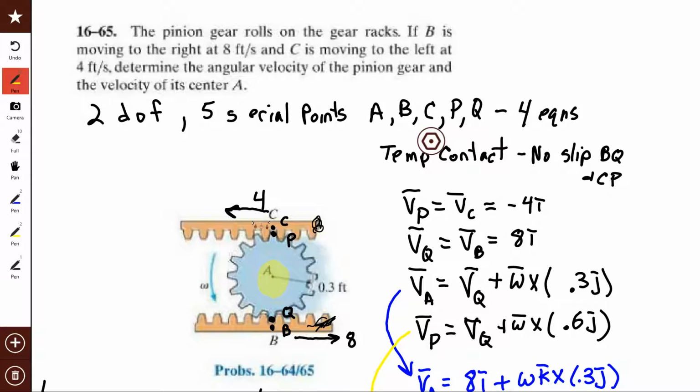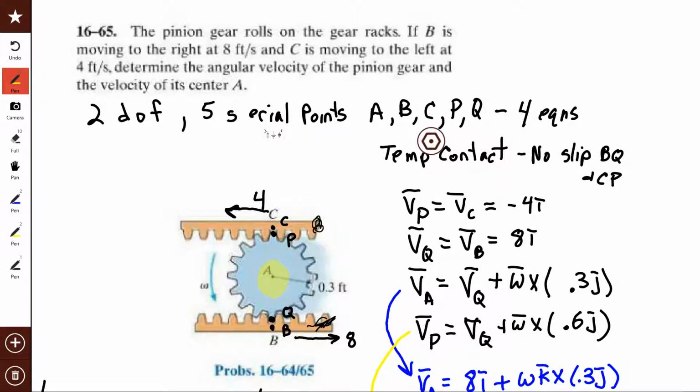So when the pinion gear moves, it's going to move away. So it's in temporary contact, no slip. Got it? Why is Q special? For the same reason. It's touching two bodies. And what kind of contact is it? Temporary contact, no slip. Got it?